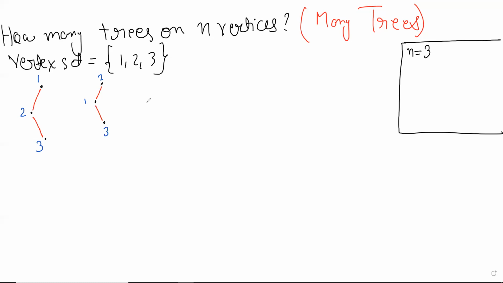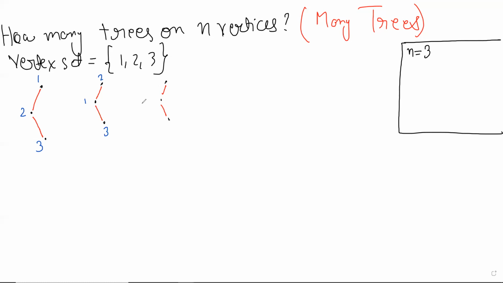Oh, hold on. Am I making a mistake? No, no, yeah. So let's just draw it. We'll see. There's this one, and then there is another one. You're saying 3 factorial, right?